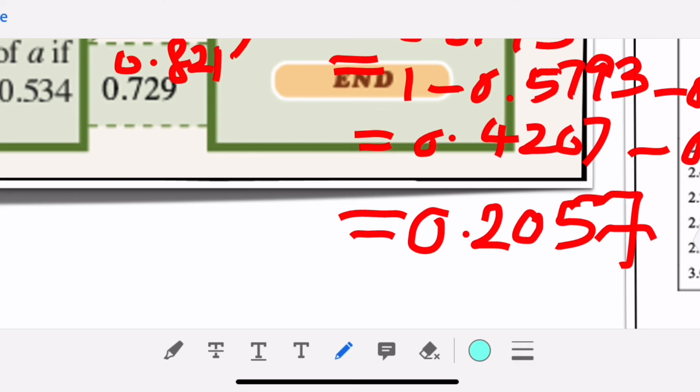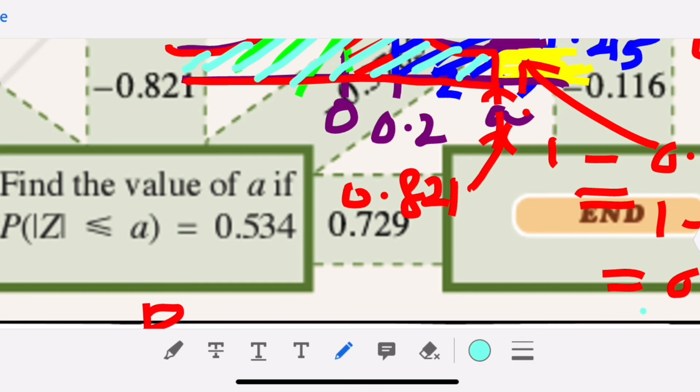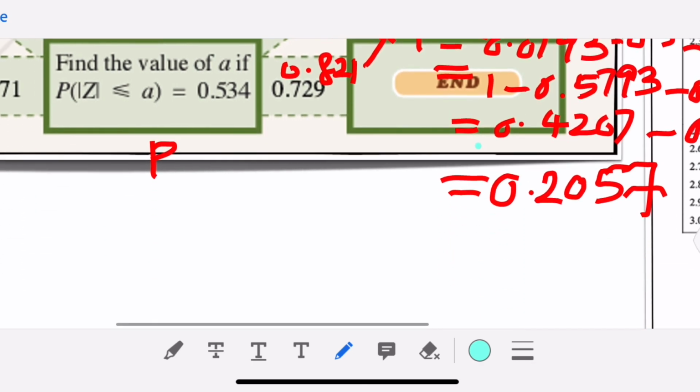Alright, so let's go to the calculator, go to 7.3, right? You key in 1 minus 0.2057 and then you just all the way key in, you will get the answer, which is the A is 0.82 from the calculator.